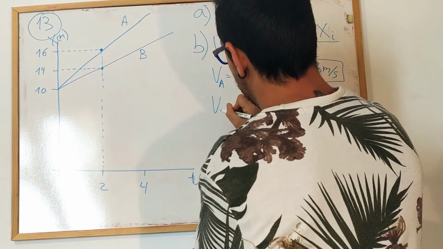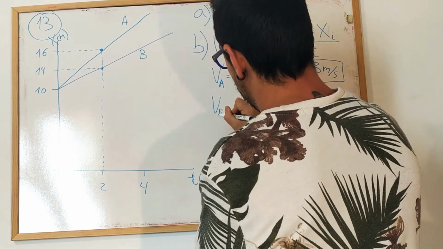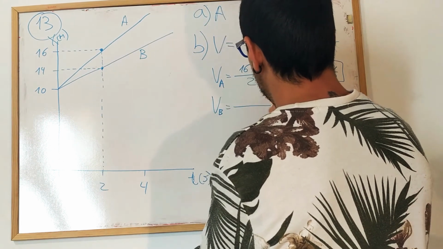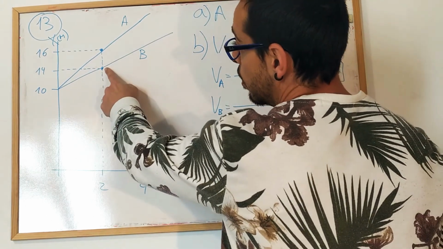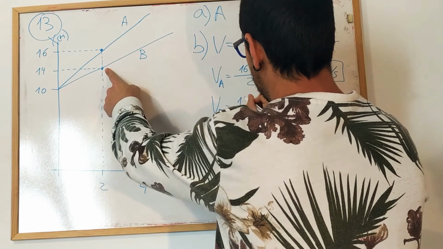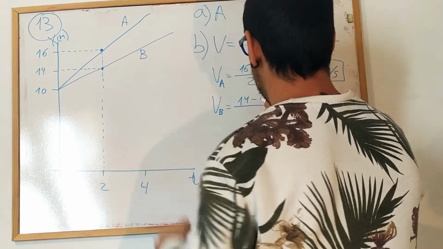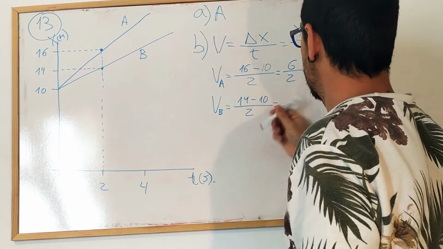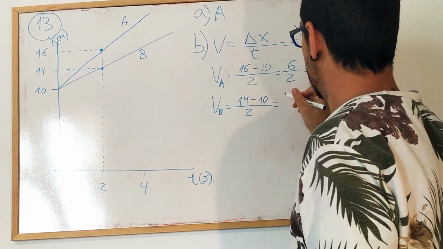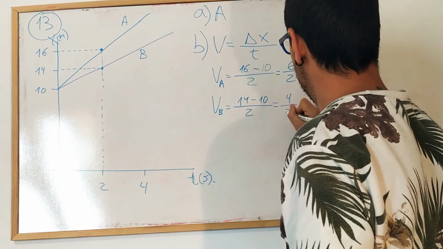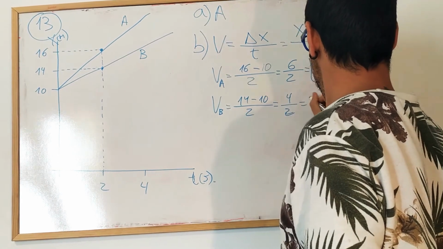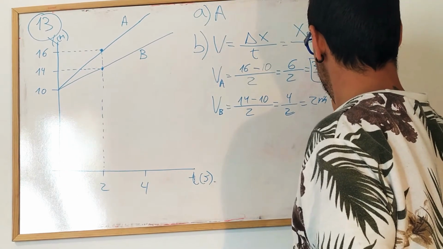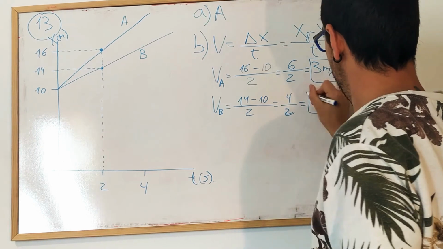And the speed or velocity in B is going to be final position 14 minus the initial position, which is 10, divided into 2 seconds. So it's going to be 4 divided into 2, which is 2 meters per second.